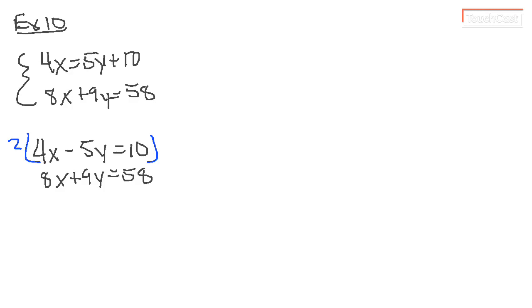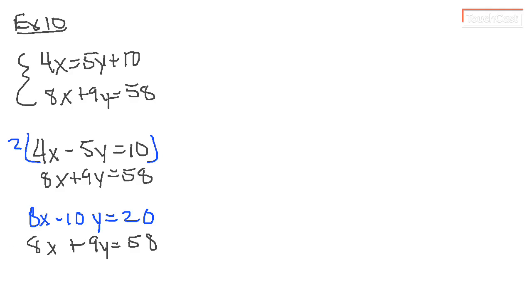So we're going to have 8x minus 10y equals 20, and then we can just rewrite that second equation again. 8x plus 9y equals 58, but we want to subtract one of these equations, so I'm going to just change the sign of everything in the second equation.